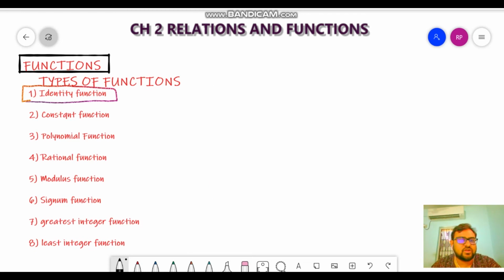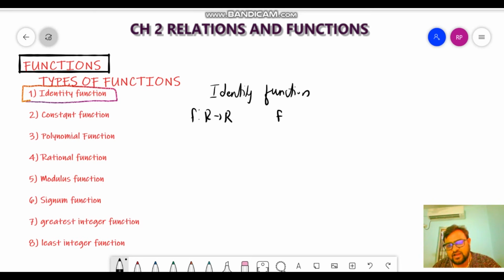The first one is the identity function. Let the function be defined on real numbers, f from R to R. If this function is defined as f(x) = x, then it is the identity function.